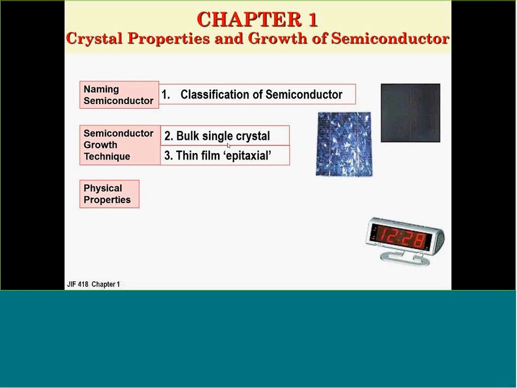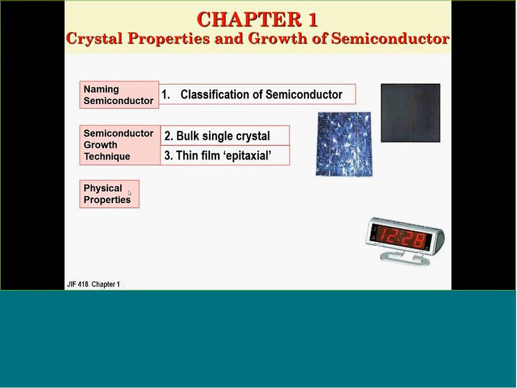So bulk single crystal is normally the bottom part of our devices, and thin film is where all the devices are grown. There are several common techniques that are used to grow the devices, which we are going to cover shortly if we have the time.